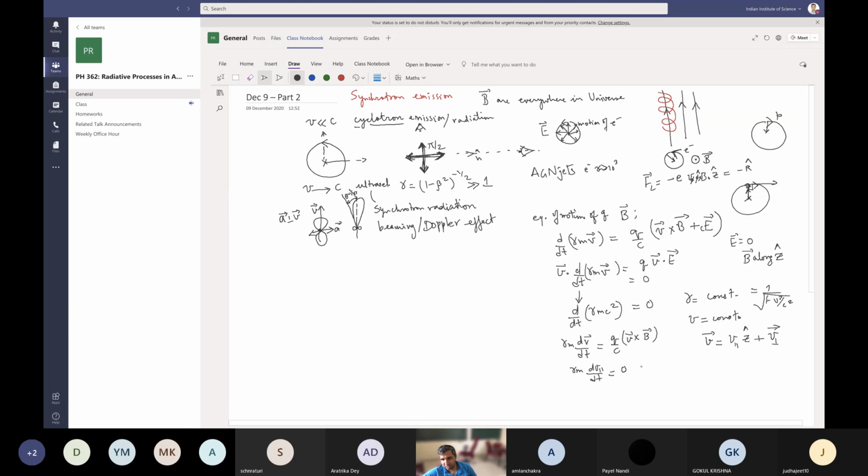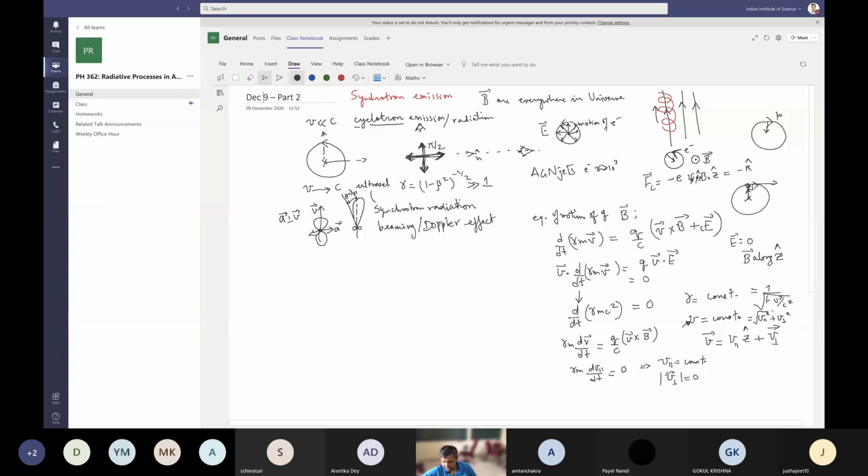So what it means is that v parallel, the velocity with which charges are moving along the field lines, is constant. Now if v parallel is constant, the magnitude of v perp is also a constant, because the whole v is constant. v is nothing but the square root of v parallel squared plus v perp squared.